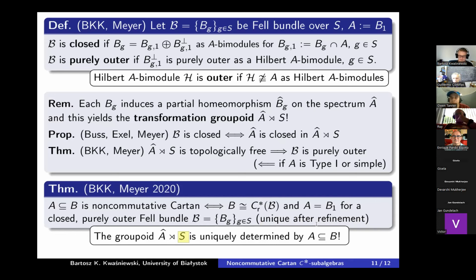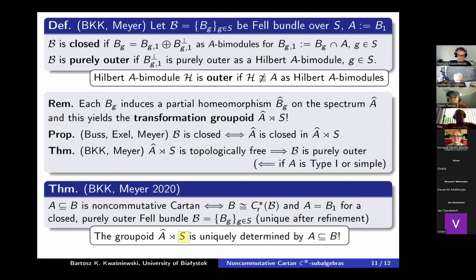This refinement means this: you take any Fell bundle over this inverse semigroup, and you can canonically construct a Fell bundle over the larger inverse semigroup of bisections of this unique groupoid, and then for any such Fell bundle, the refinement is the same.